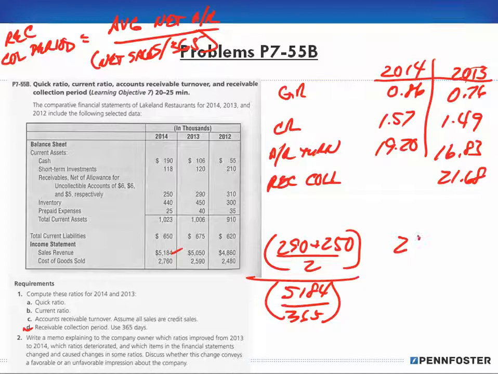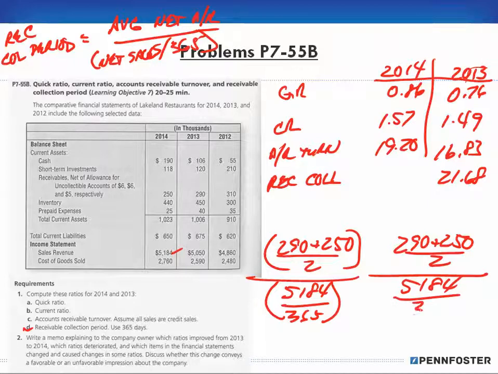If you write something like this, 290 plus 250 over 2 over 5184 over 365, some students have trouble, especially if the divisor lines are all the same size, understanding what is supposed to be divided by what. So don't write just all of the divisors. Put the parentheses around what it is that you need to be dividing so that you can determine what's in the numerator and denominator.